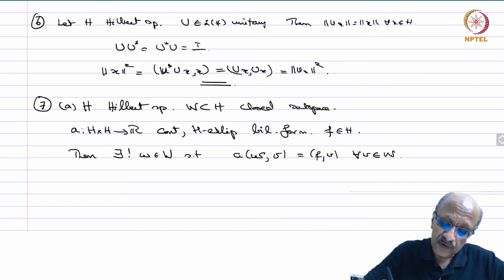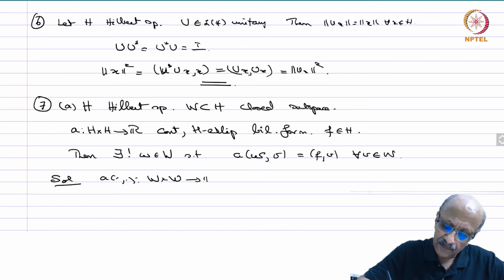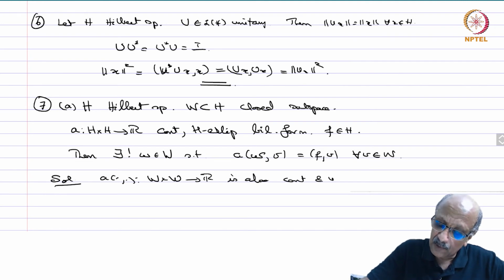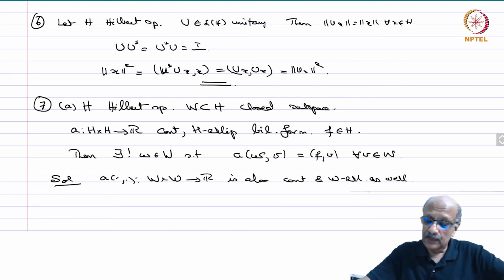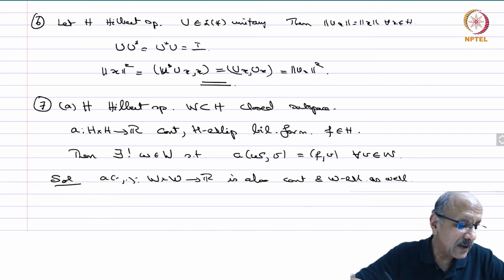So we proved this, I mentioned this as a remark, we proved the Lax-Milgram lemma for the whole of H, and now we are saying that it is true even in a subspace. So a restricted to W cross W to R is also continuous, because it's continuous on H, and W-elliptic as well. If it's H-elliptic, it's also W-elliptic, because that's only a subspace.